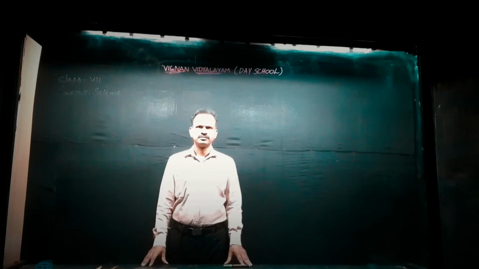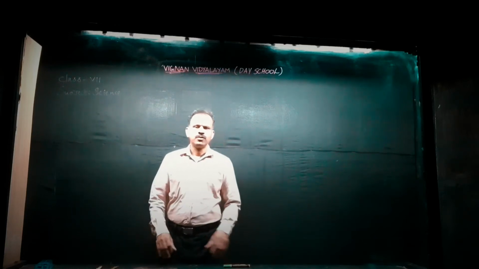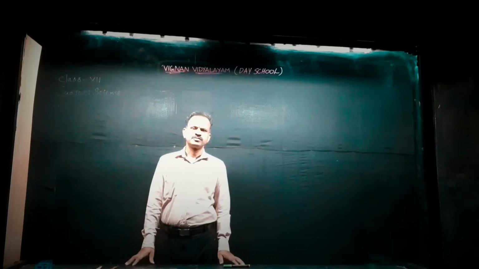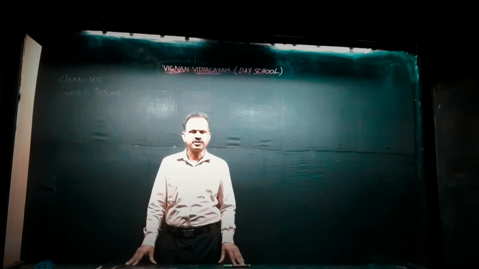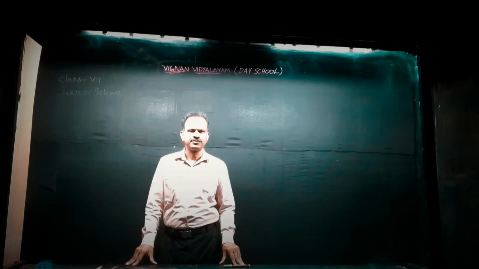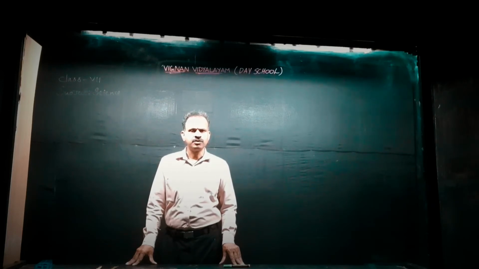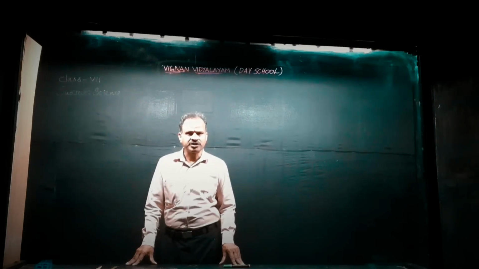Children, in chapter 2, we studied about the cell and its structure. What is a cell? Cell is the structural and functional unit of an organism. It is a microscopic structure.